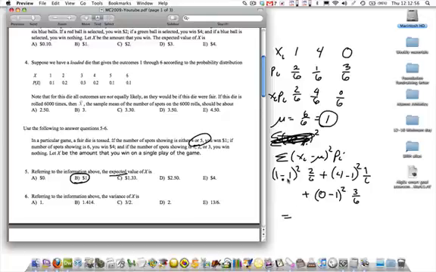This term here is 0 because 1 minus 1 is 0. 4 minus 1 is 3 squared. That's a sixth. So this is 9/6. And this is negative 1 squared is 1 times 3/6 is 3/6. And so we get 12/6, which is 2. And so the answer to this is D. The variance is equal to 2.